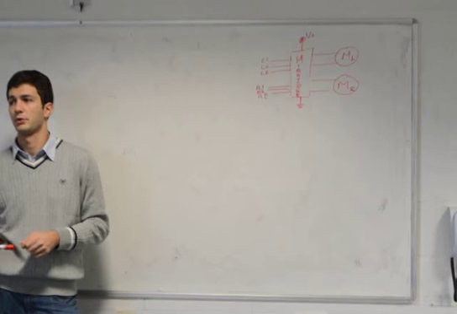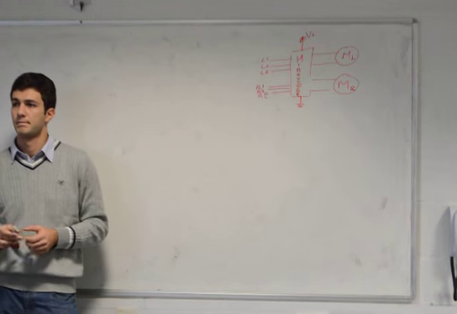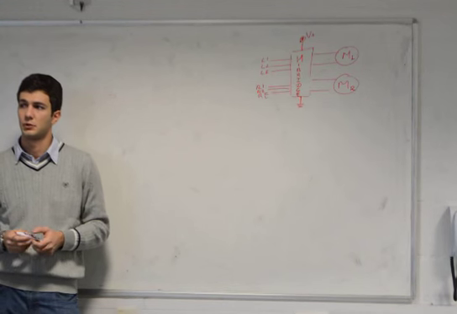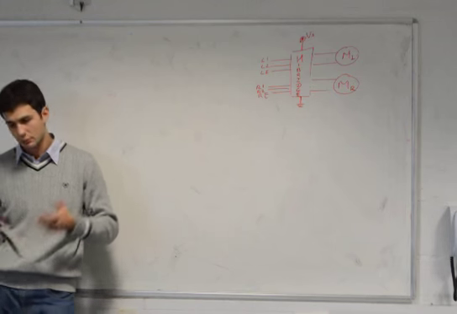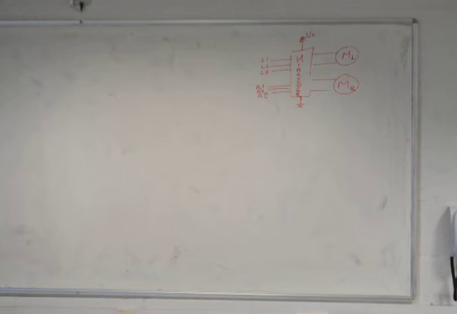What other parts do we have in this circuit? Power source. Let's draw the power source here. We have the stabilizer, regulator, or you can call it any way. We have a capacitor here, let's say 100, and another one here.